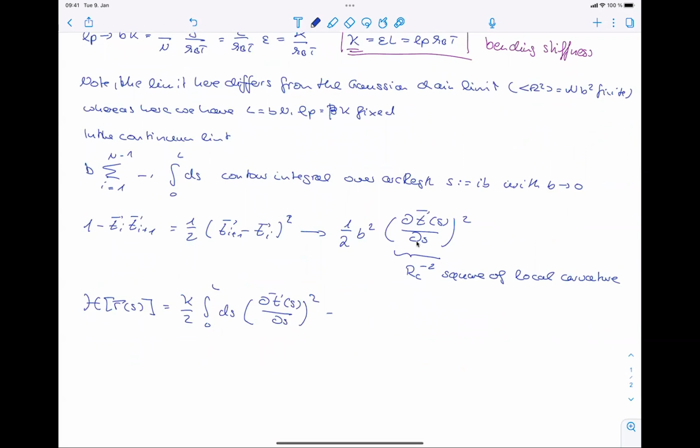And the tangent we can also write as the derivative of the space curve. So that's equivalent to writing a half kappa times d squared r of s over ds squared, squared. So this is now a functional of the polymer contour.